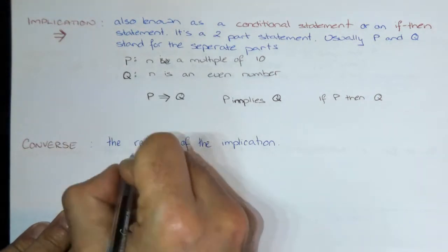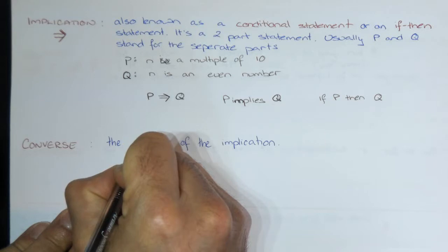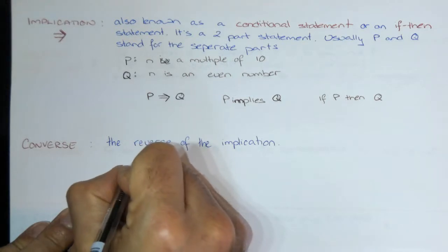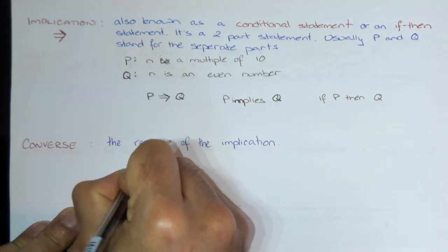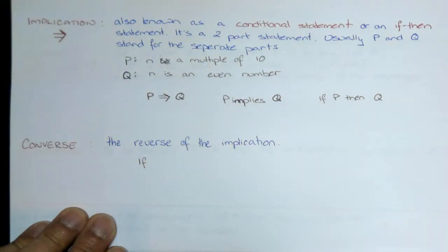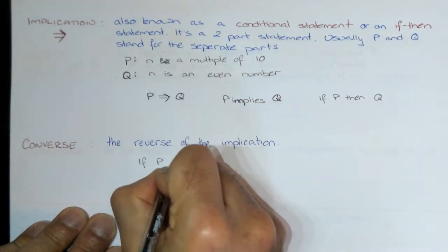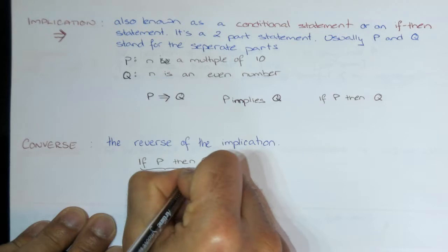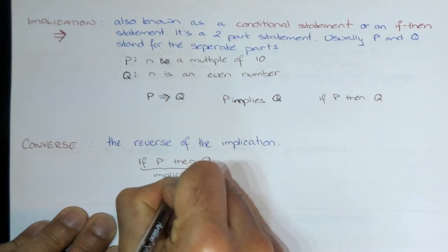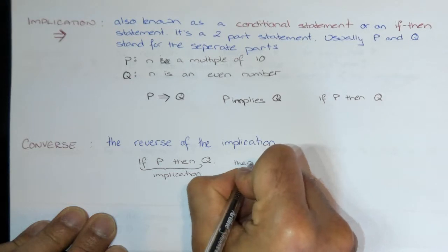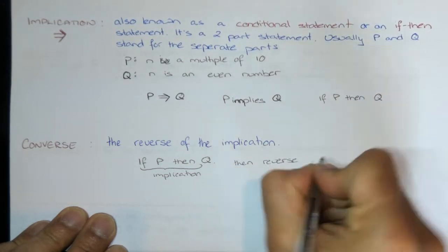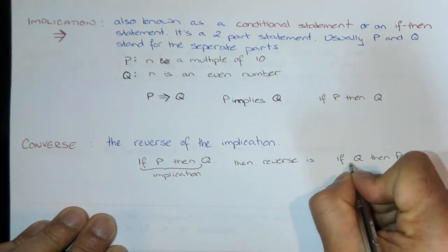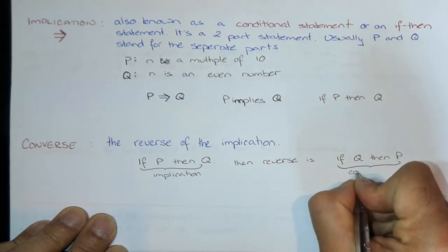So if this is the implication, if P then Q, then the reverse is if Q then P. So this is the converse.